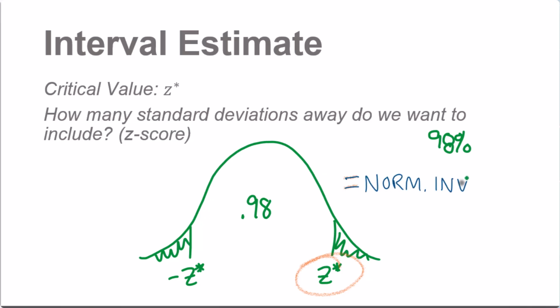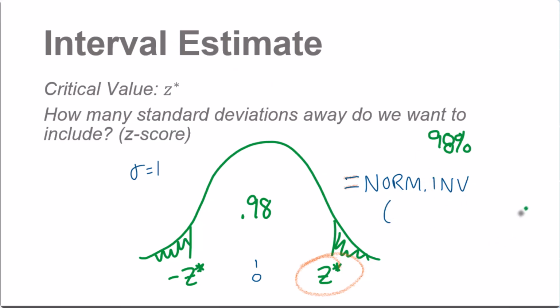This is also using the standard normal distribution where the mean is 0 and the standard deviation is 1, because we're just talking about z-scores here rather than a specific population. So if you want, you could use the norm.s.inv function, which does the same thing, but with the mean and standard deviation already set. I'm just going to use the regular norm.inv function.